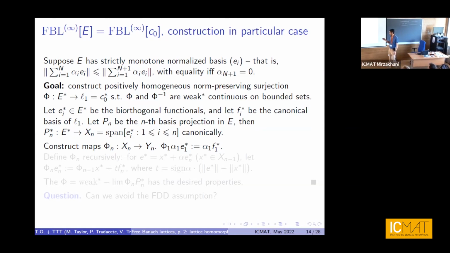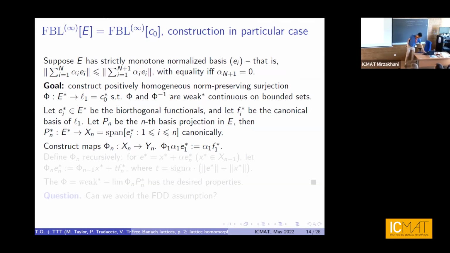So in any event, we define the map phi as the sequence of maps phi_n from X_n to Y_n, and we define them recursively. When n is equal to 1, we just take alpha_1 e_1 star and take it to the corresponding multiple of f_1 star.